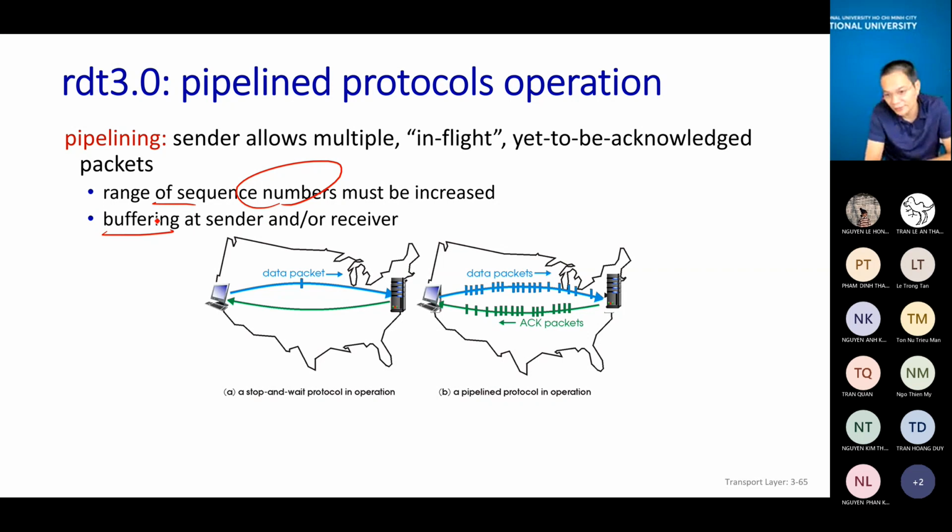When you send like 10 packets, the receiver will receive those packets, but maybe not in order. So they cannot deliver the packets right away. They need to buffer, temporarily store the packets at the receiver, and after it receives all 10 packets, it will reconstruct them.